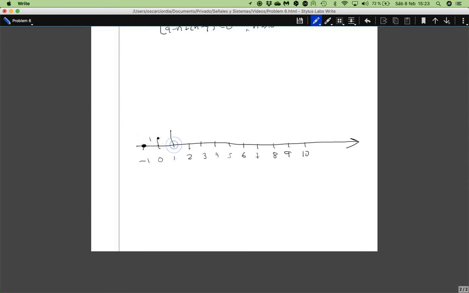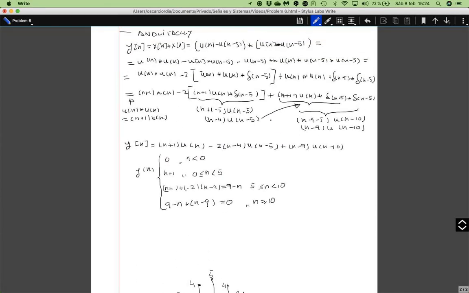So this is 1, this is 2, this is 3, this is 4, this is 5, this is 4, 3, 2, 1, 0, and 0. Okay, this is the picture of the final signal.